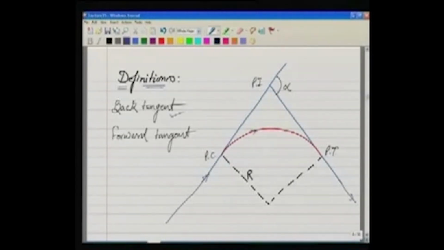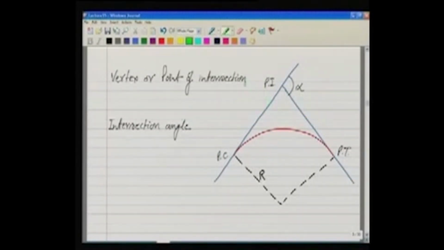This circular curve has a tangent, and this tangent is called the back tangent, while when you are leaving the curve, that's the direction of leaving the curve. This tangent to the curve is called forward tangent.